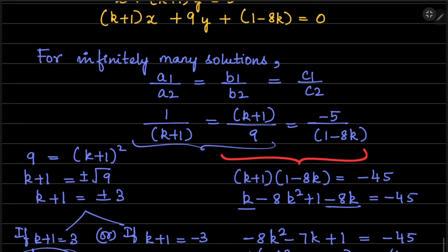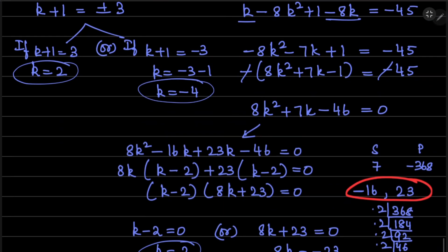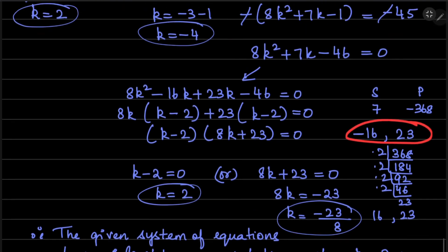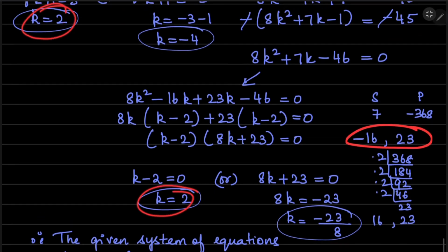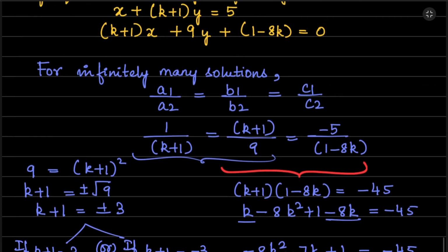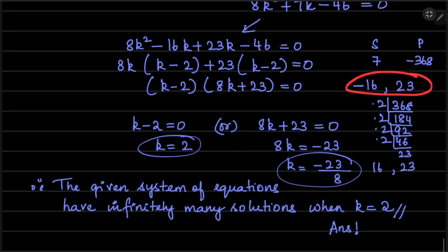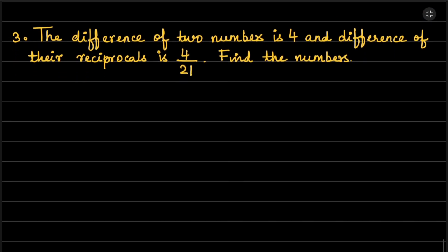You have to find which is the most common value when you are combining first, second and third: 2, minus 4, 2 and minus 23 by 8. So 2 is one of the common numbers. So in both the conditions, k equal to 2 will hold good, in order for this particular pair of equations to have infinitely many solutions. I hope it's clear. So let's get to the third question of today.